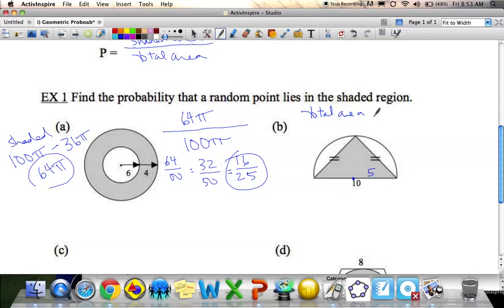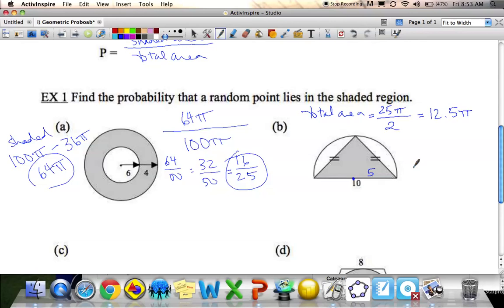The area of an entire circle would be 5 squared times pi, which is 25 pi. That's the entire circle, though, and because this is a semicircle, it would be 25 pi over 2. I think it's easier to do 12.5 pi.